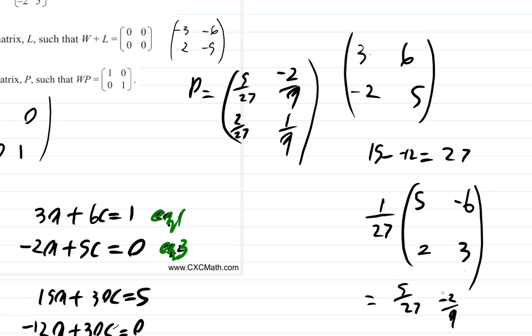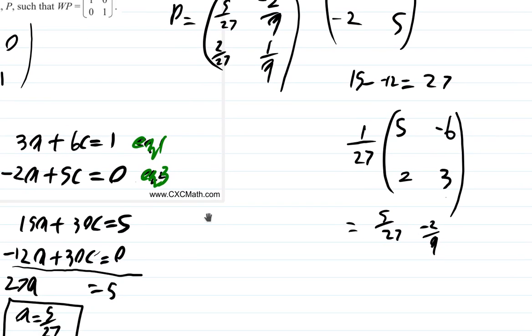Negative 2 over 9. 2 over 27, and 3 into 3, 1, 3 into 27, 9. Alright, so you have 5 over 27, negative 2 over 9, 2 over 27, and 1 over 9. Again, you get P, the same thing.